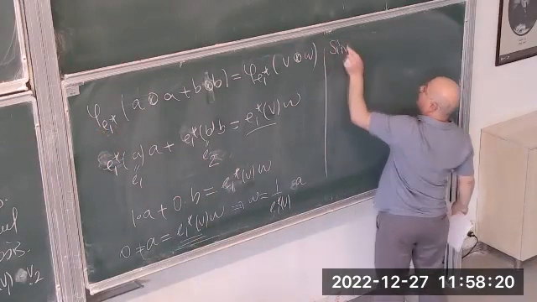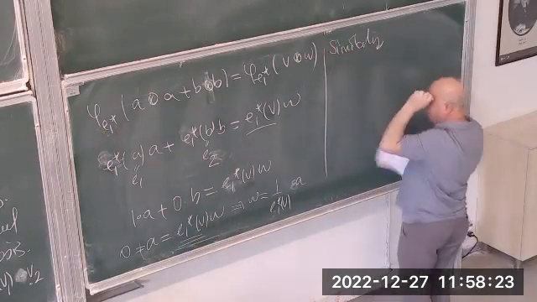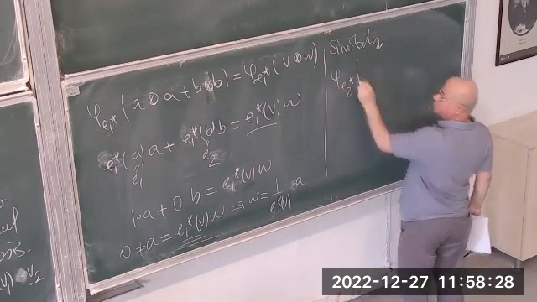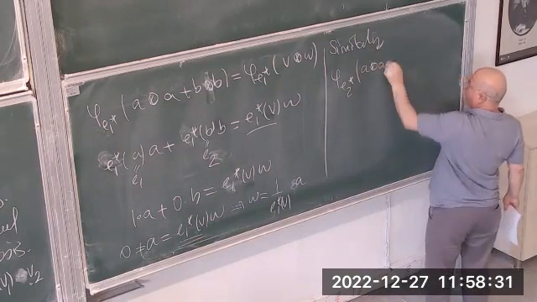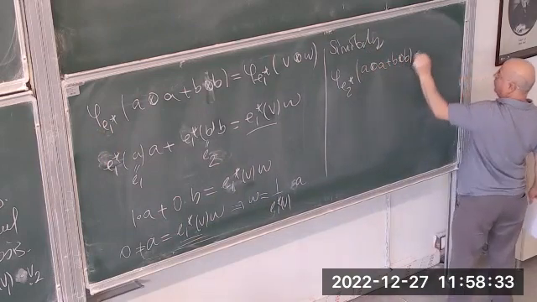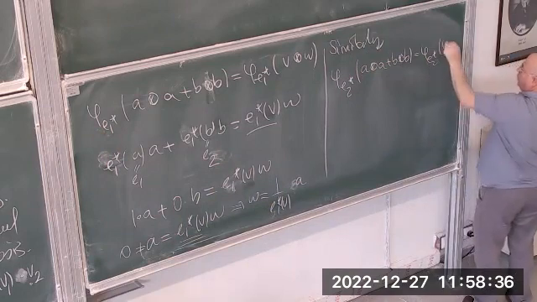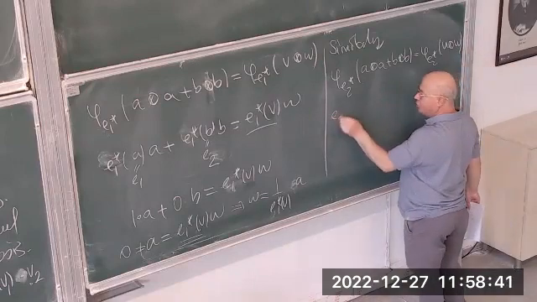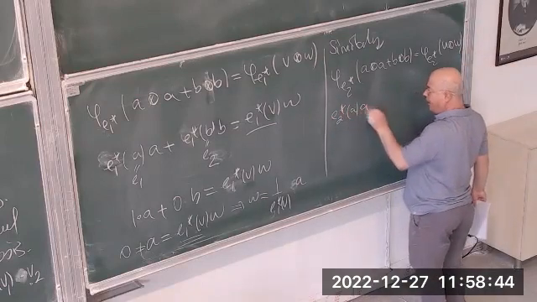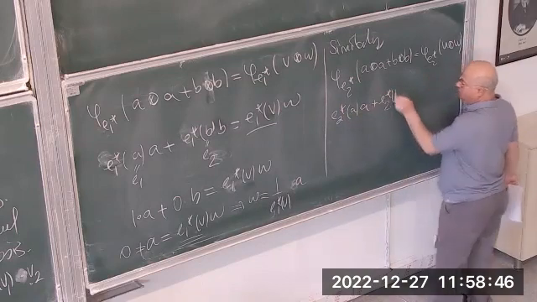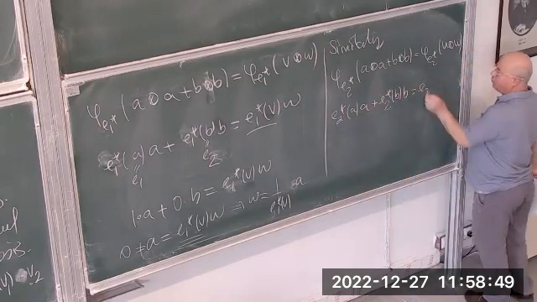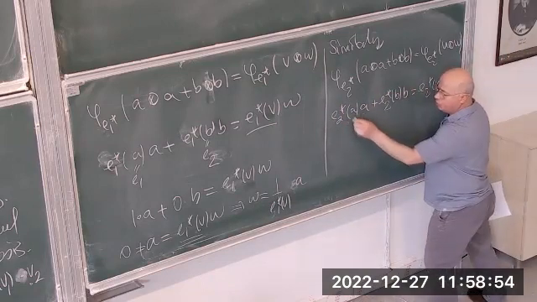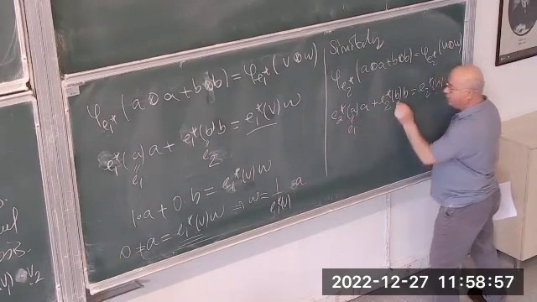Similarly, this is just E2 star A, E2 star B, equal to E2 star of U, W. Well, this is E1, this is E2.